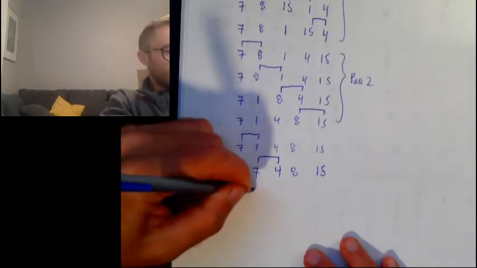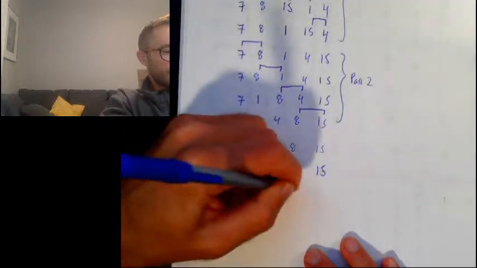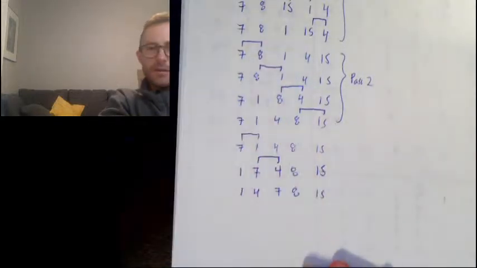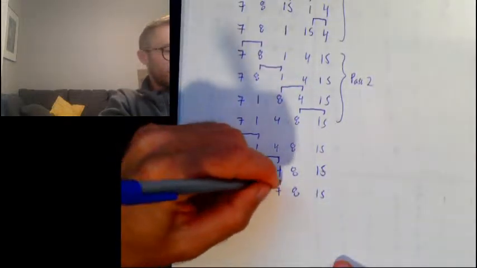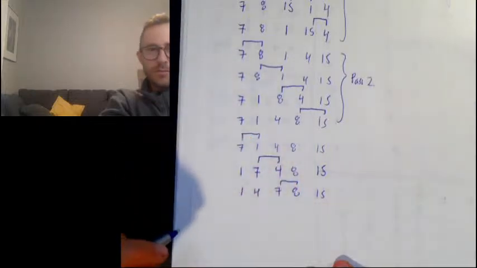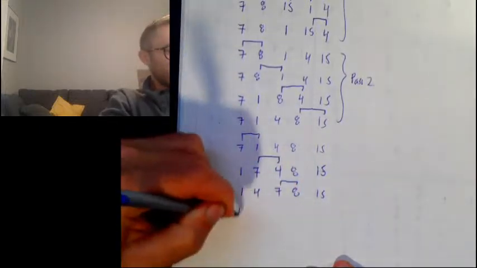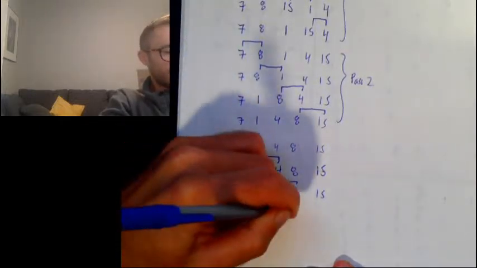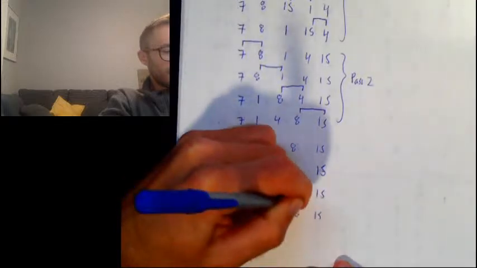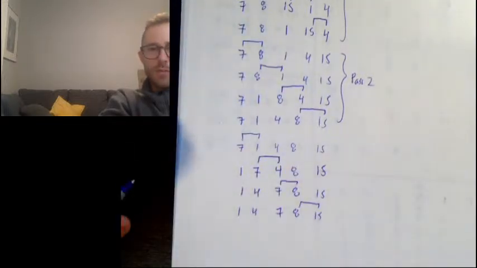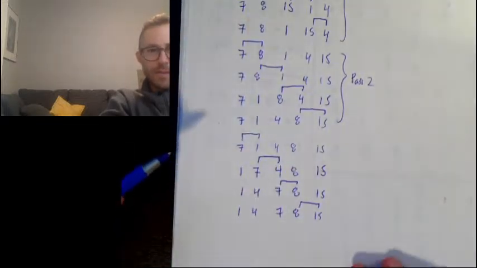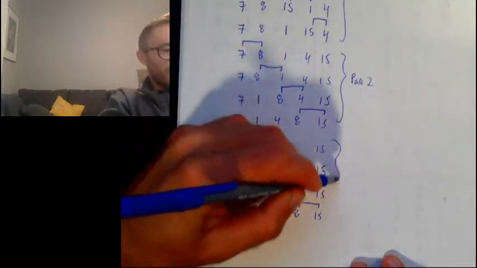Out of order, so I swap them. Compare the next two. That's in order, so I don't swap them. Compare the next two. That's in order, so I don't swap them. Okay? So that's pass 3.